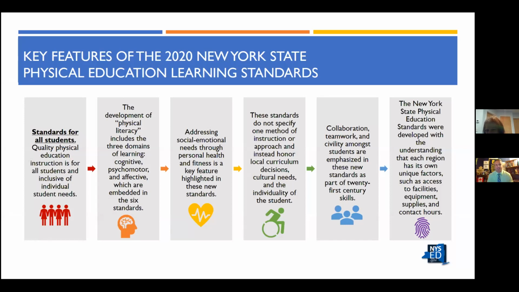And that really connects as well to the social emotional side and mental health initiatives that have taken precedent in New York State and what we've seen over the last several years in public education as well. The idea that we want to think about physical education as part of the well-rounded education of each child.